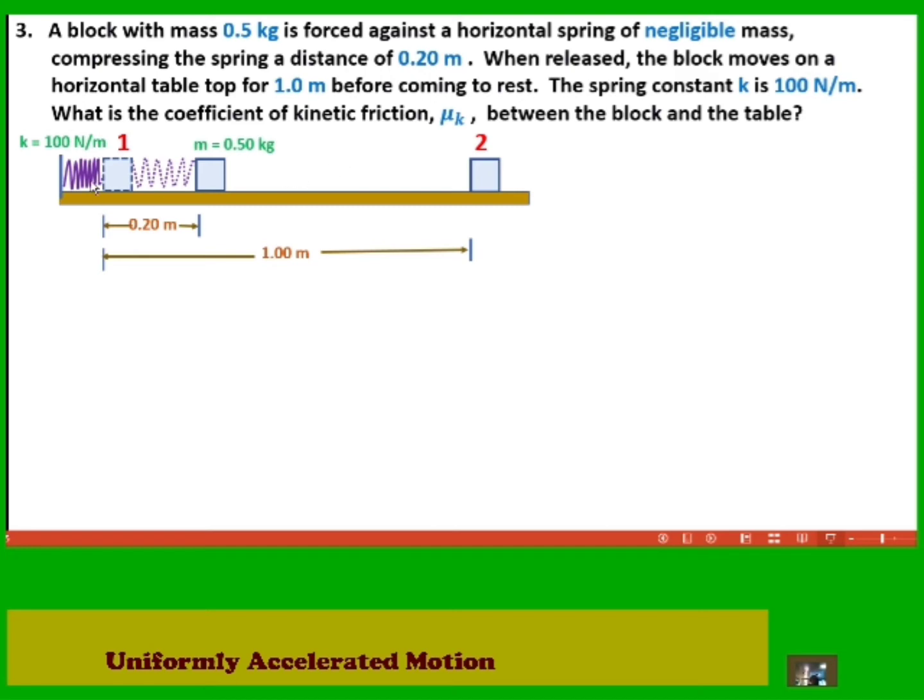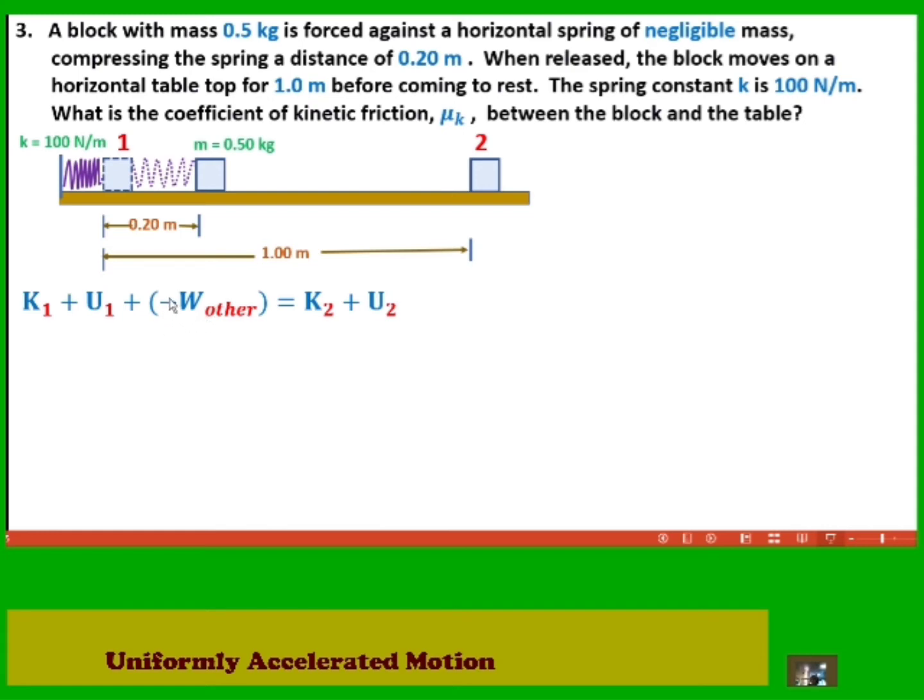So here is our problem. This is a block compressing the spring a distance of 0.20 meter. Then when released, the block moves to the right and it comes to rest at point 2. So from the energy conservation principle, we have here kinetic energy at point 1, the elastic potential energy at point 1, and other work which is negative.